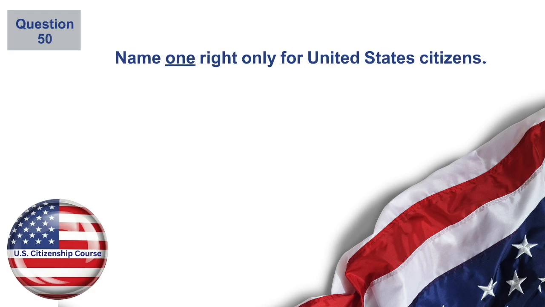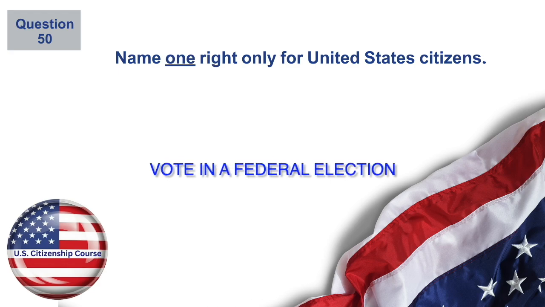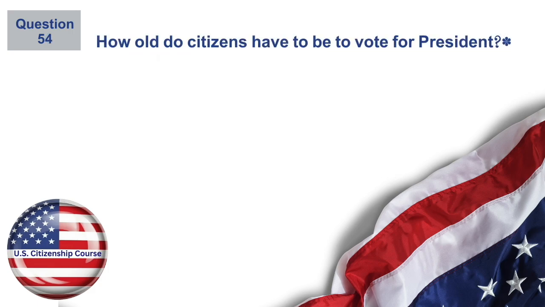Name one right, only for United States citizens. Vote in a federal election. How old do citizens have to be to vote for president? 18 and older.